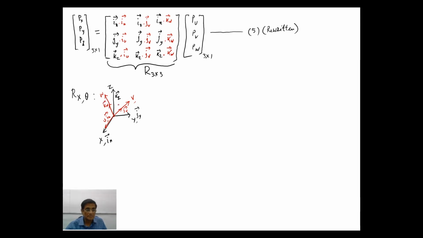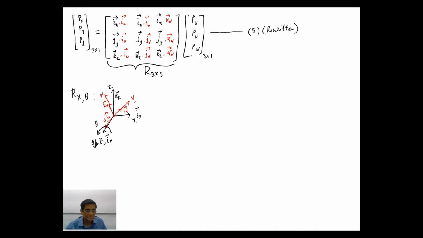Now what has happened when the body has rotated by an angle theta about x-axis, that means if I keep my eyes here, the body has undergone a rotation theta, because we assume this is a convention that anti-clockwise direction is positive, clockwise direction negative. Theta we are assuming it is positive.